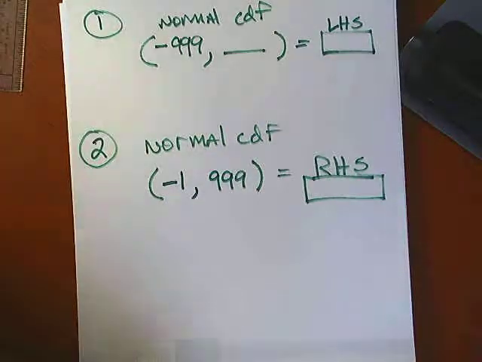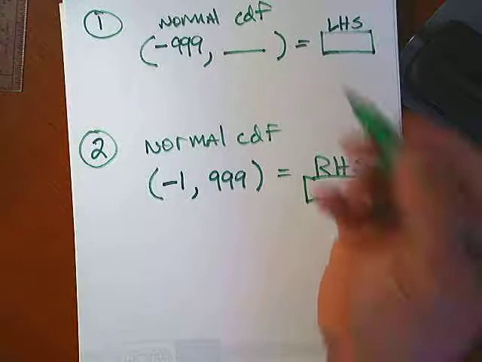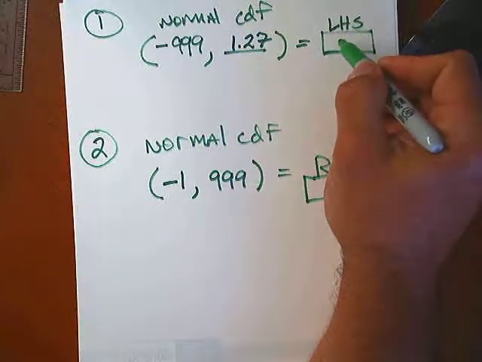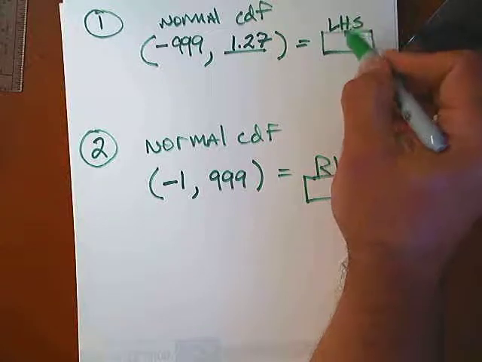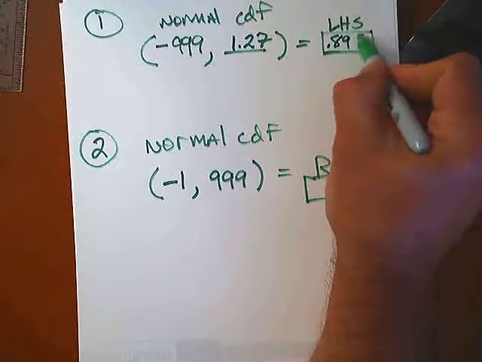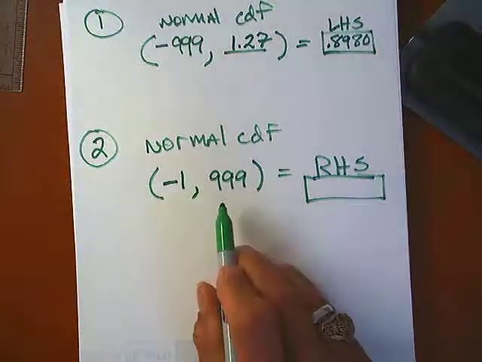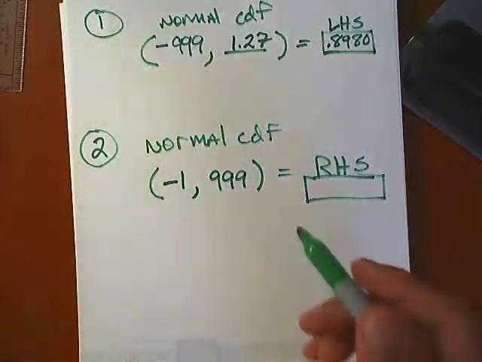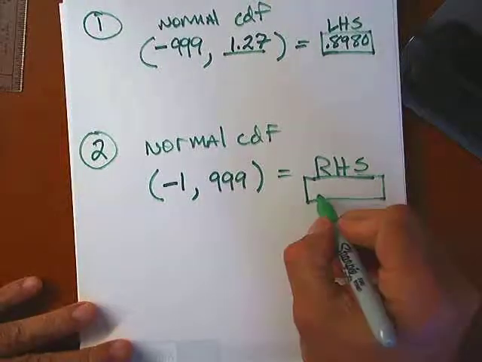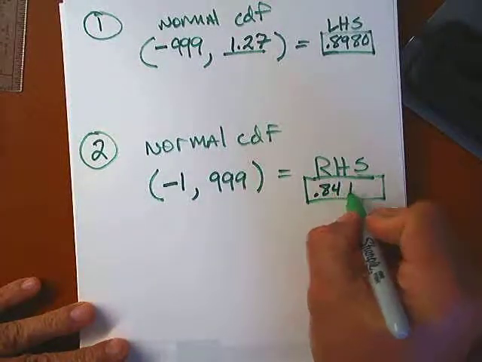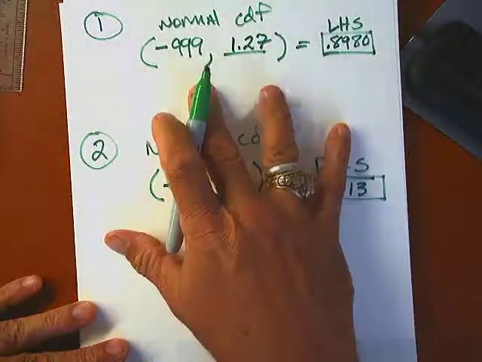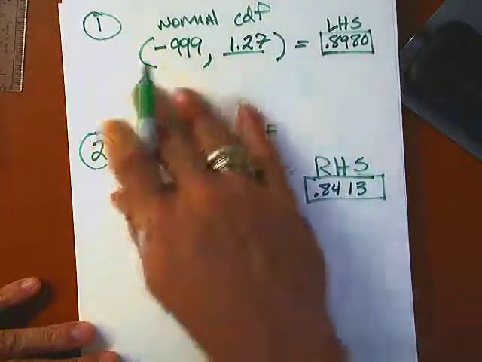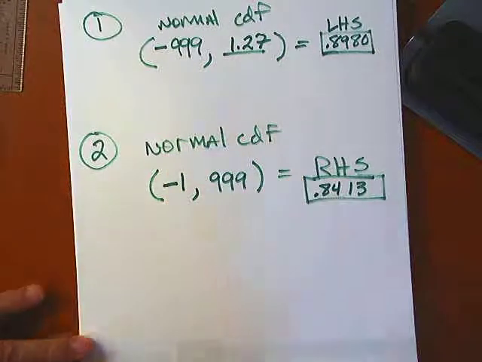If you type in normal CDF and you start with our example that we started with a while back, negative 1 to positive 999, and that will give you the right hand side area.